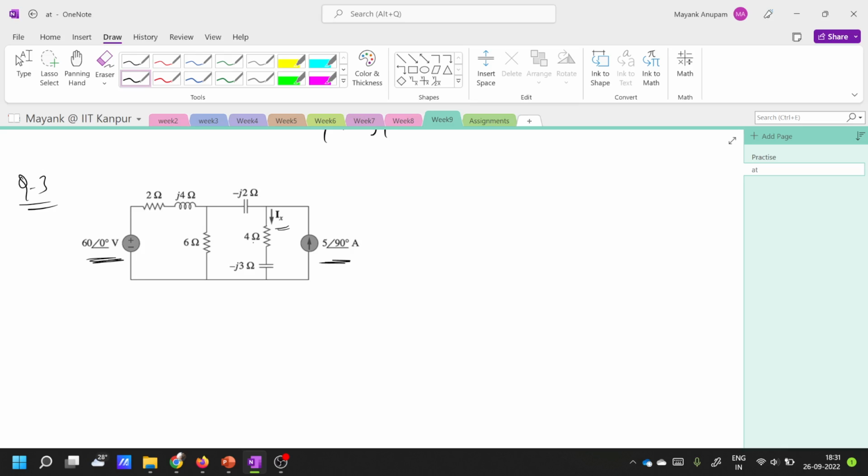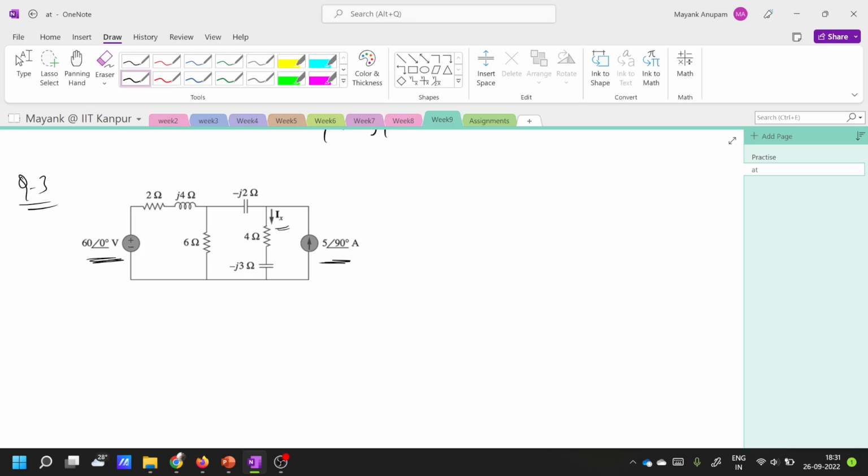You can use three methods for solving this. You can either use brute force mesh analysis or node analysis, or you can use the superposition theorem. So what was the superposition theorem? This circuit is a linear circuit, so you can use superposition here.